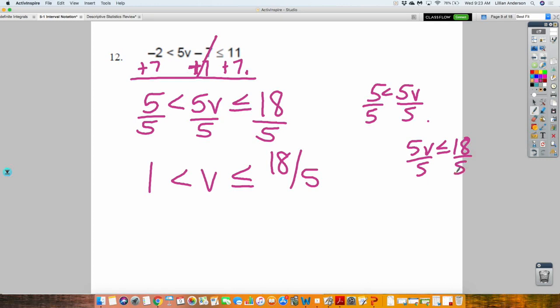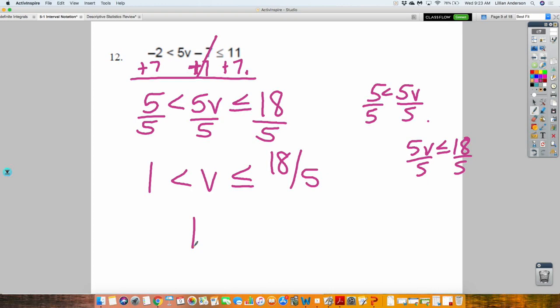All right, so now we gotta write it in interval notation. It's a compound, just like the last ones were on your pink one. How do I write this? It'd be 1 with the what?